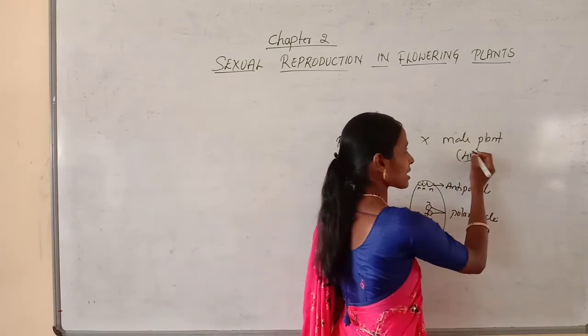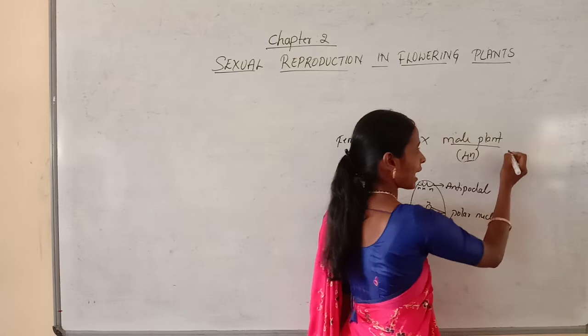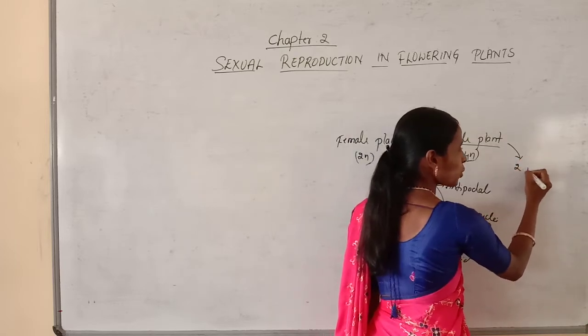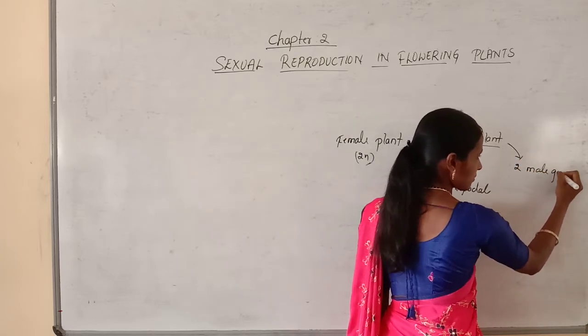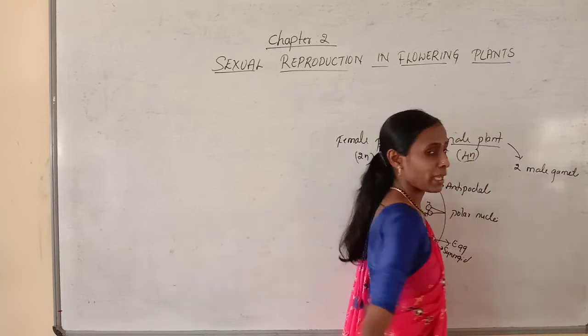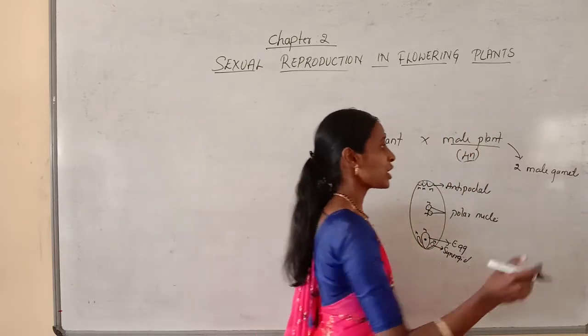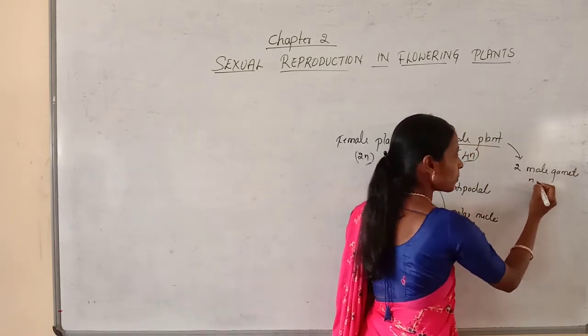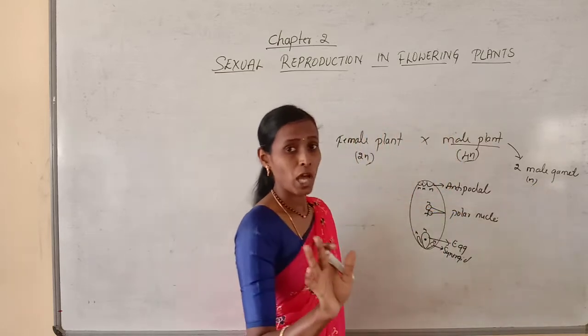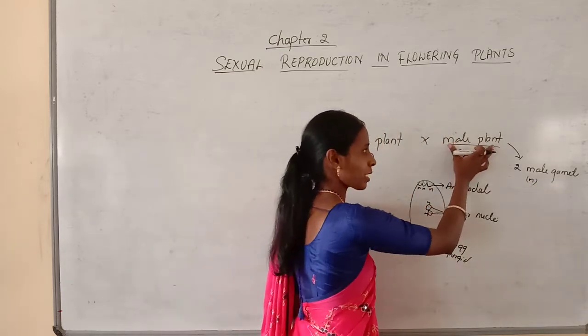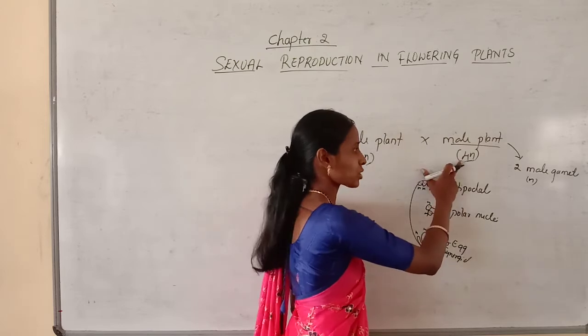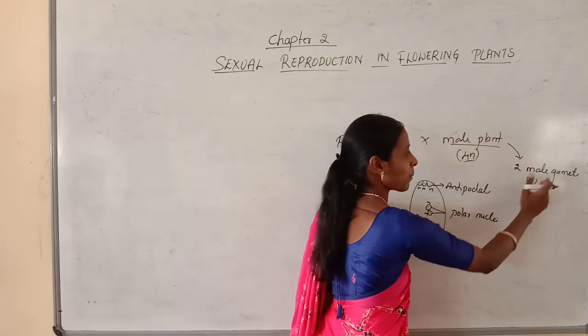So if the male plant is a tetraploid, the male plant produces 2 male gametes. Usually the 2 male gametes will be haploid in nature. In a normal case, a male plant is diploid and produces 2 male gametes which are haploid.